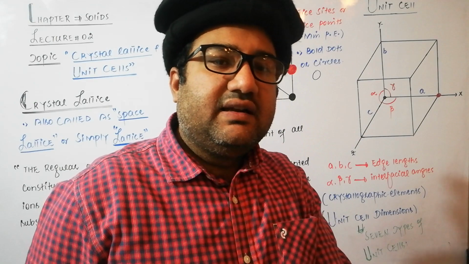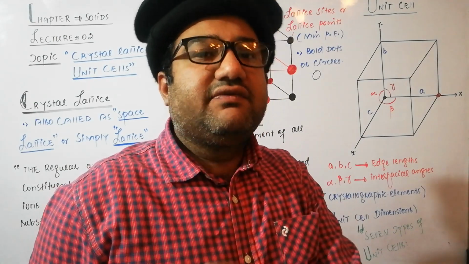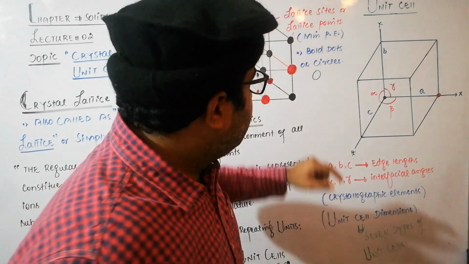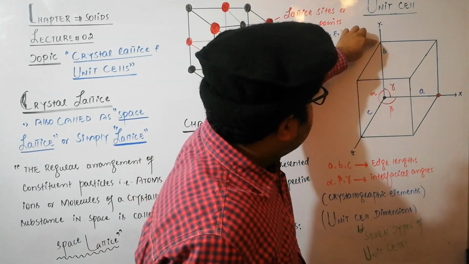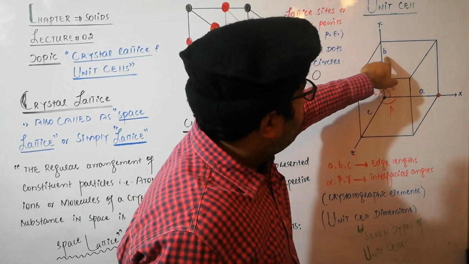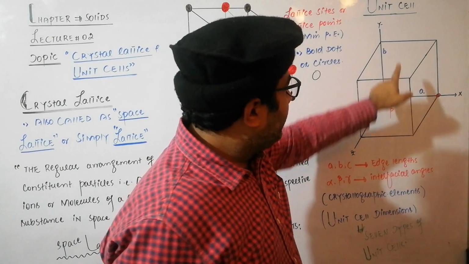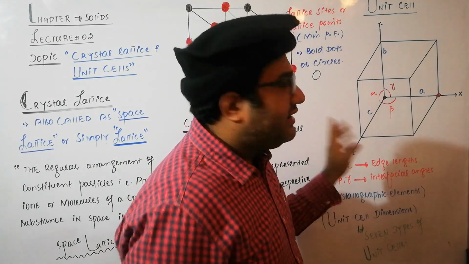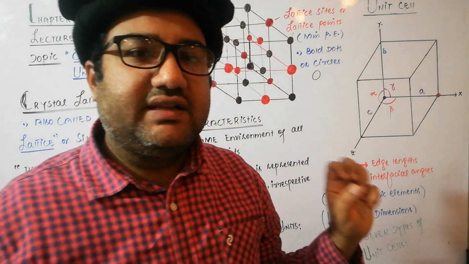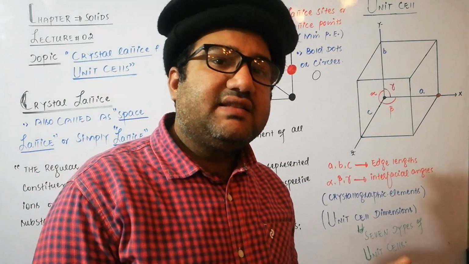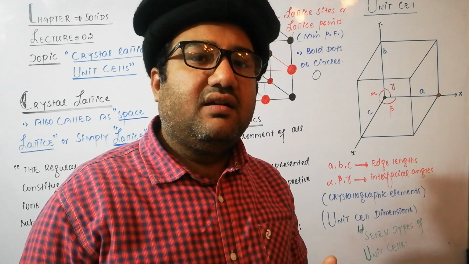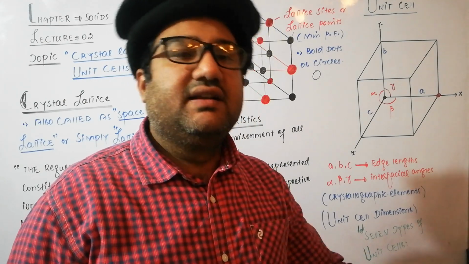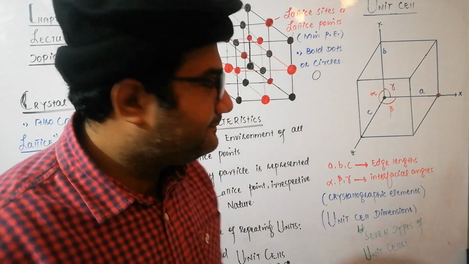This is fixed: the edge length of the x-axis will be called a. Similarly, the edge length of the y-axis will be shown with the letter b. The edge length of the z-axis, up to this, will be shown with the small c. So a, b, c, these are the three edge lengths along the x-axis, y-axis and z-axis respectively.